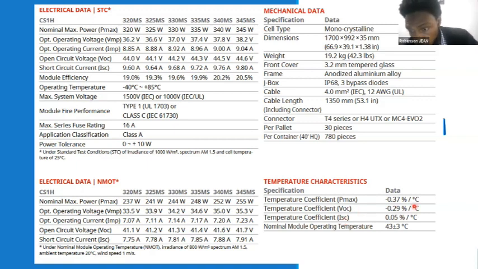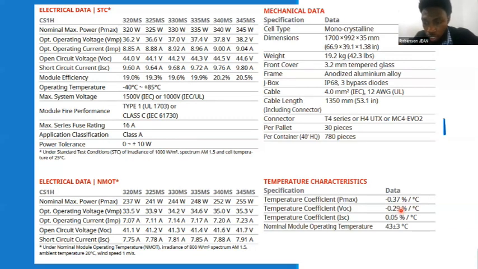So here we can see each variation of 1 degree in temperature gives a variation of 0.37% in terms of power.